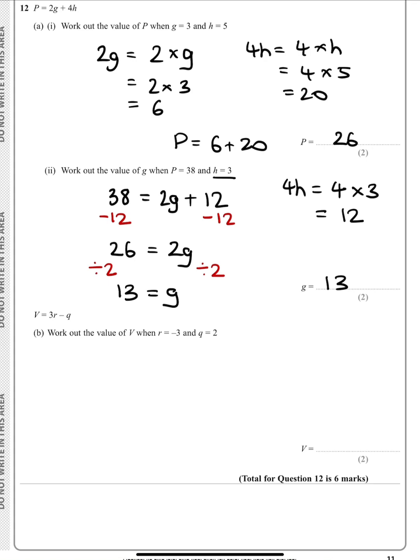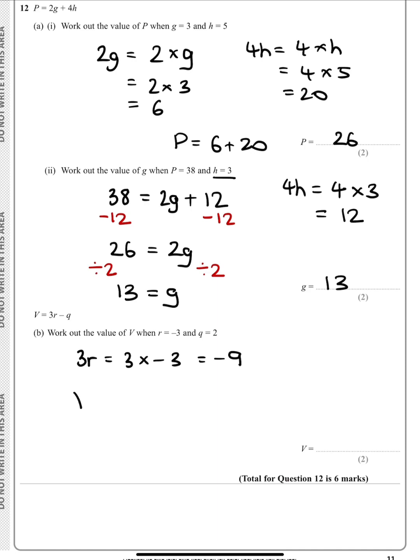Part B. V equals 3R minus Q. Work out the value of V when R is negative 3 and Q equals 2. So if R is negative 3, I know that 3R is going to be 3 times negative 3, which is negative 9, because I've got a positive multiplied by a negative.